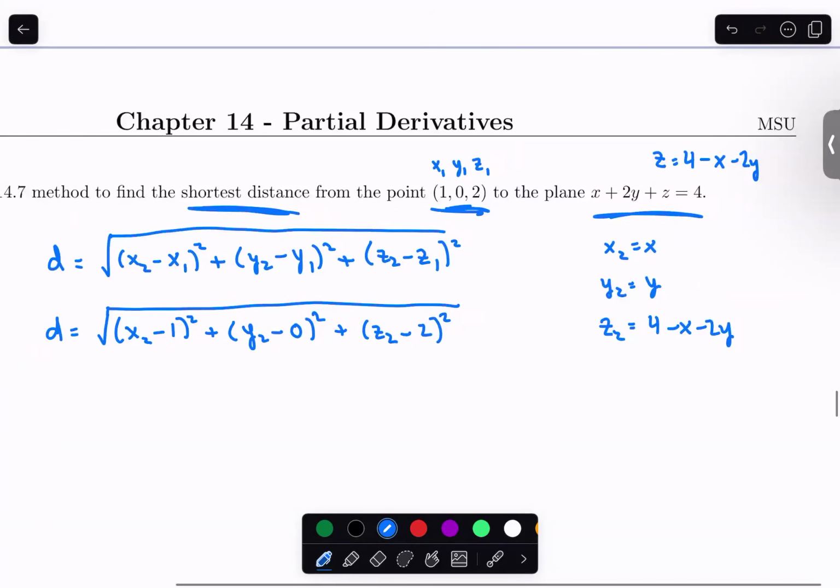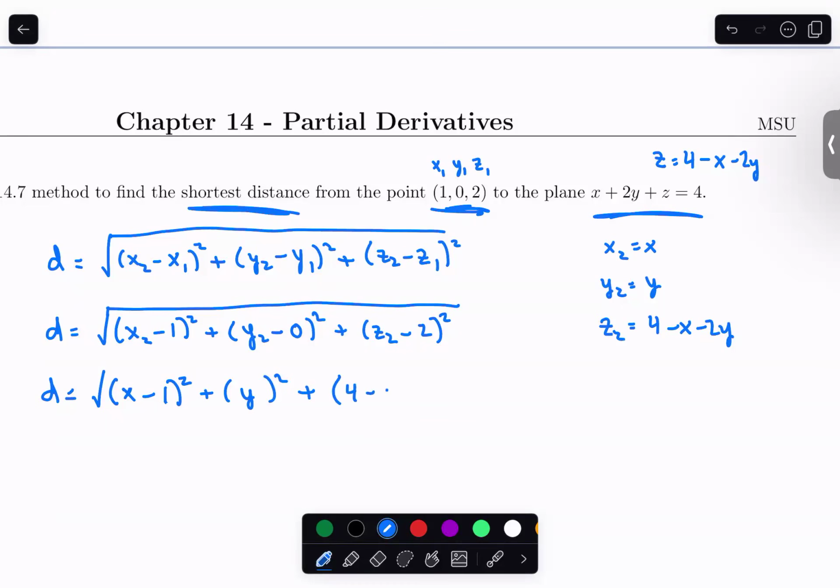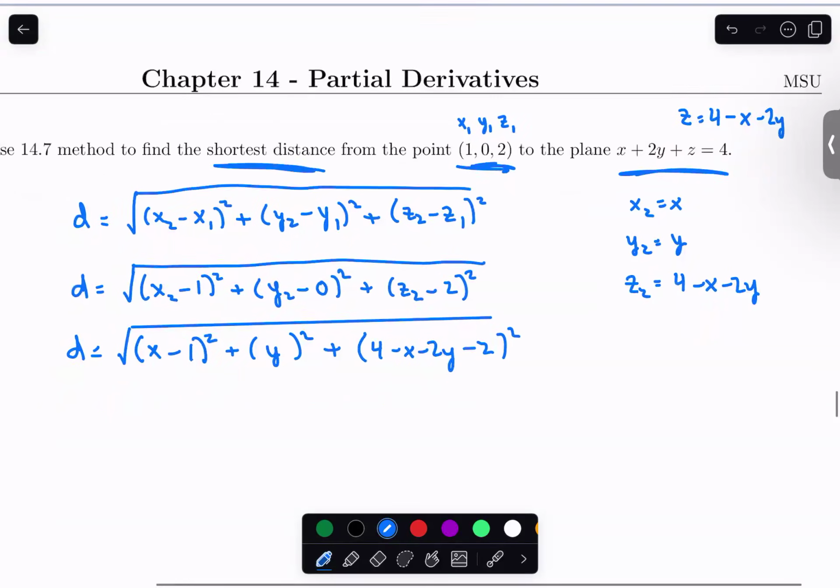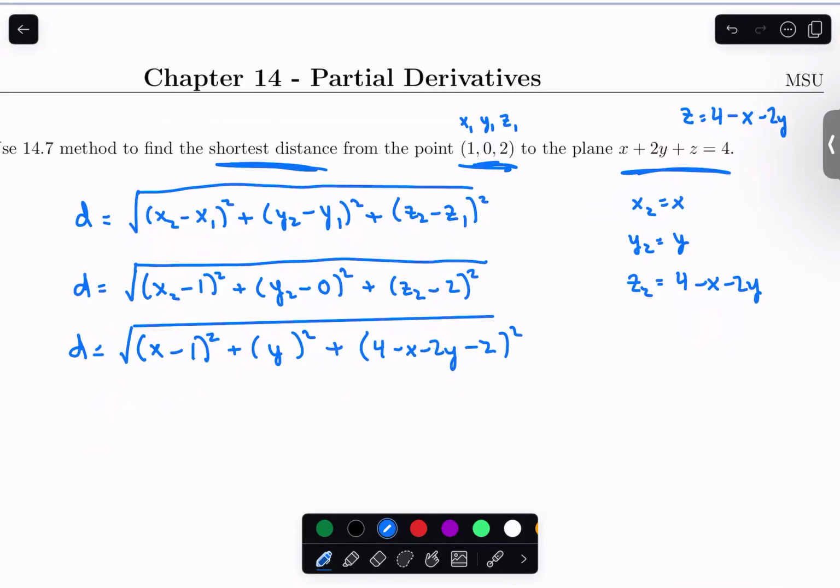So now with this, I'm going to get a distance. And again, I'm going to switch to my variables x and y. And instead of z here, I'm going to put 4 minus x minus 2y, because that's going to force us to be on the plane. So now this distance formula here is the distance formula between the point 1, 0, 2, right?